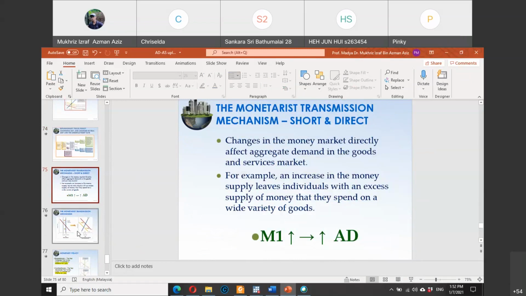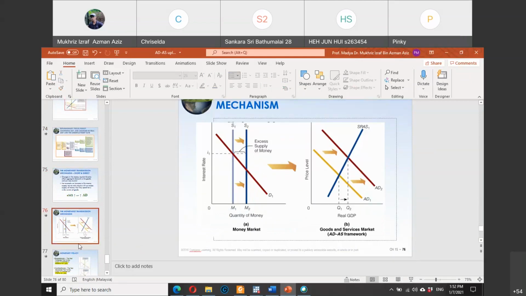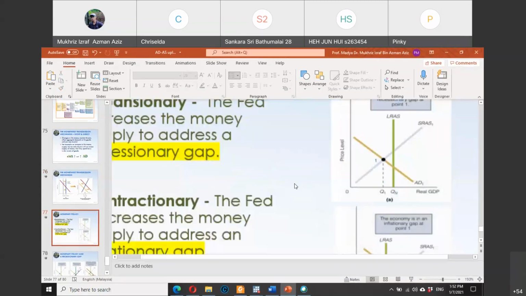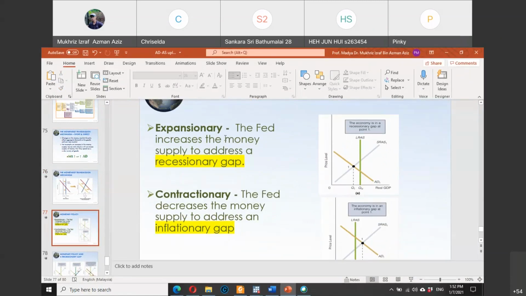So for monetary policy, what we want to look at is the supply side, because both the supply side and also the demand side. So let's look at this slide here. The words expansionary and contractionary are also applied to monetary policy.